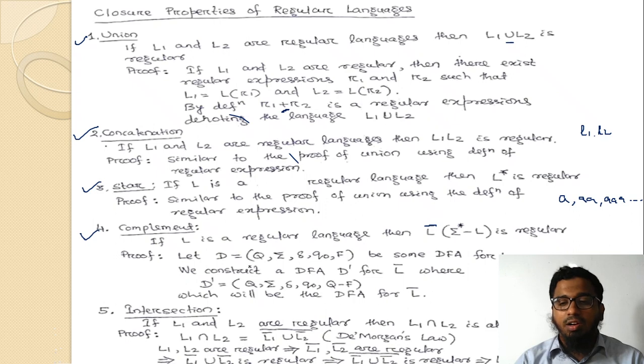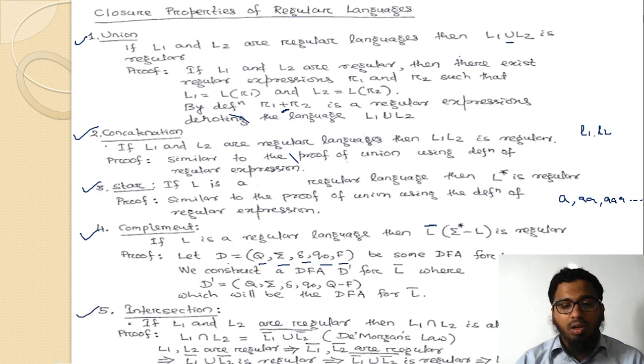Let Q, sigma, delta, Q0, F be some DFA for L. We construct a DFA D dash for L dash with Q, sigma, delta, Q0 and Q minus F as final states. Complement means whatever the final states, you change them to normal states, and whatever the normal states, you make them final. So that is complement.